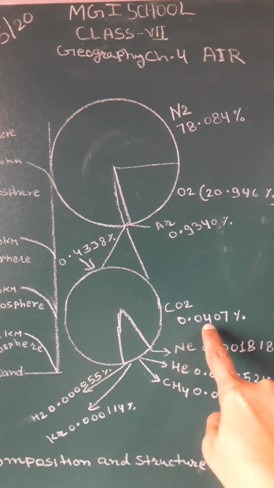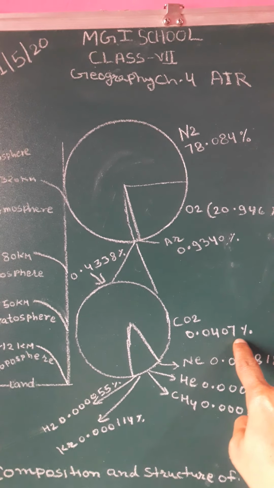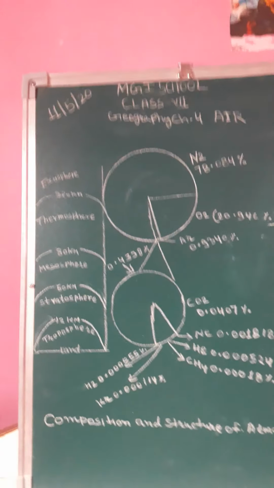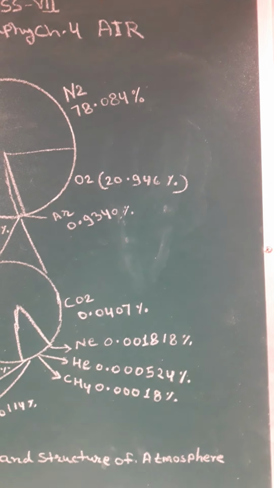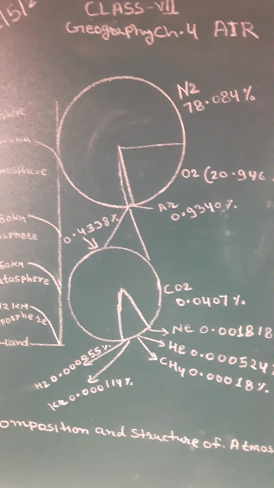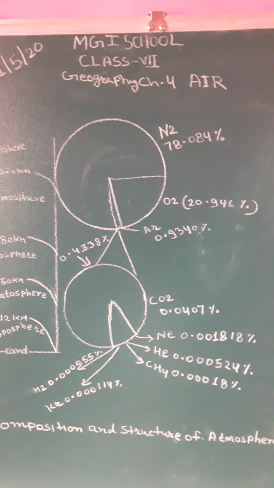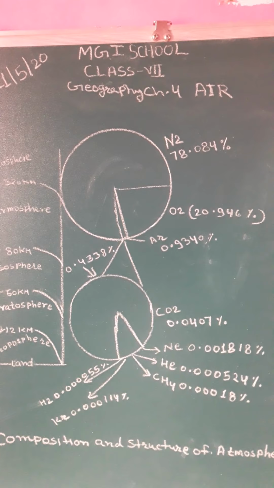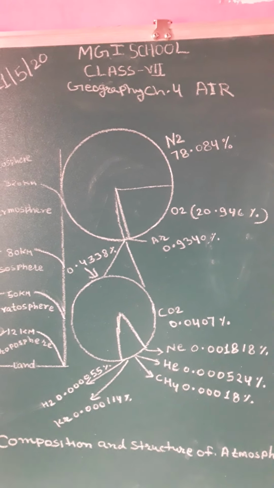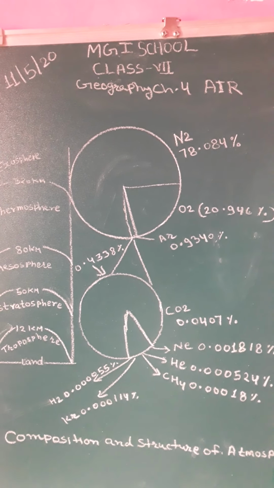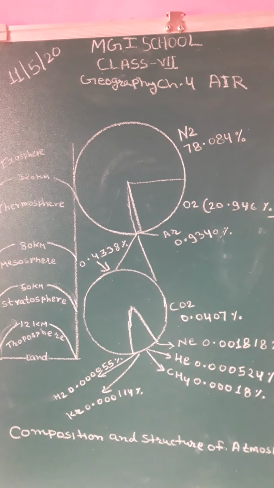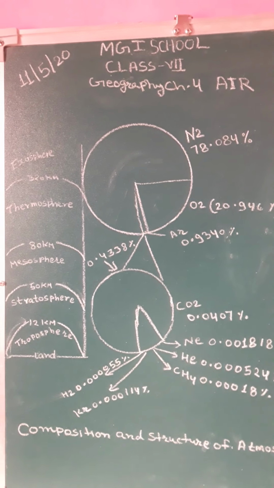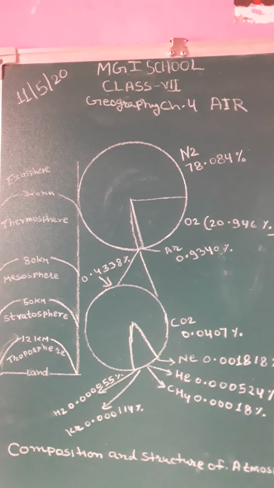Carbon dioxide 0.0407%, neon, helium, methane, krypton, hydrogen. In reality, air is composed of several gases. The composition of air consists of key components, namely nitrogen, oxygen, argon, carbon dioxide and water vapor. Air also has some other gases, but they are in very minute amounts.